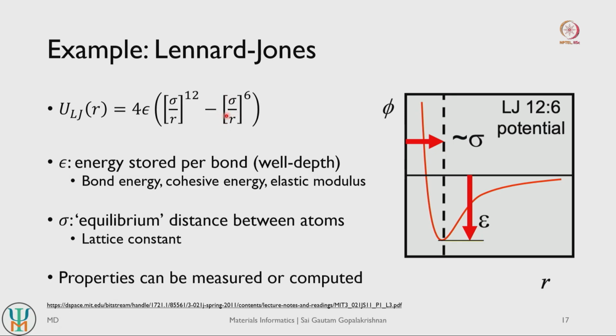If the atoms are far away, then the sigma by r power 6 term dominates, because both terms become less than 1 at large values of r, right, and power 6 is usually higher in magnitude compared to power 12, and there is a negative sign associated with it. So that is why your curve is still in the negative region at larger distances.